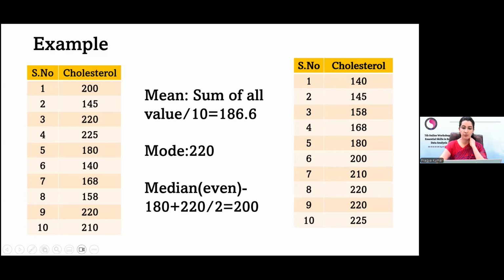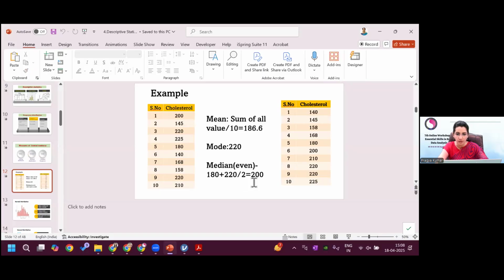By chance it is 220, I did some wrong calculation, because ideally it should have been 180 and 200, because the 5th and 6th are the middle two, and then divided by 2. Let me correct it now. So it is 180 and 200, so 380 by 2, it will be 190.